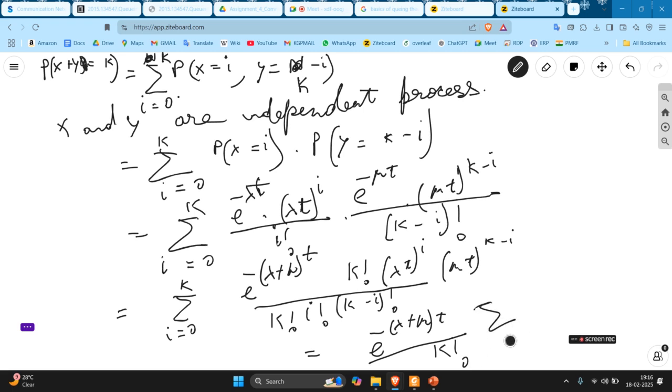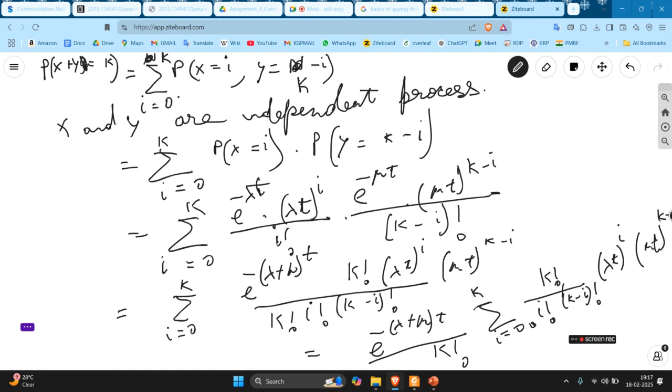So summation i equals 0 to k, k factorial by i factorial into (k minus i) factorial, into (lambda t) to the power i, (mu t) to the power k minus i.